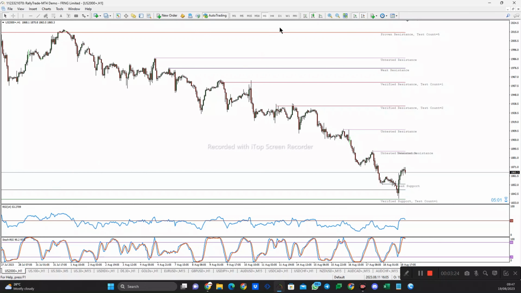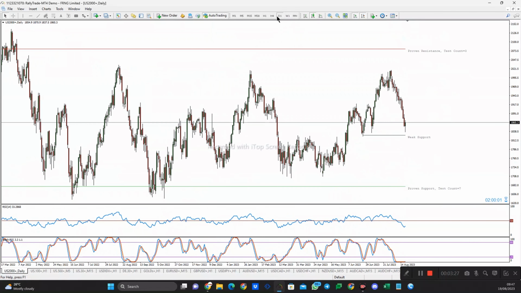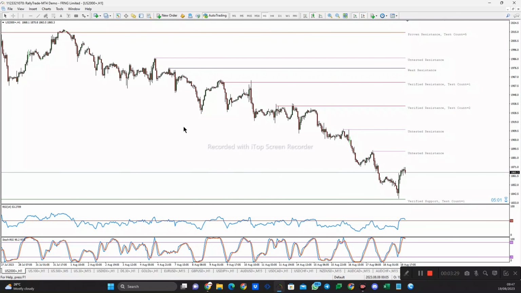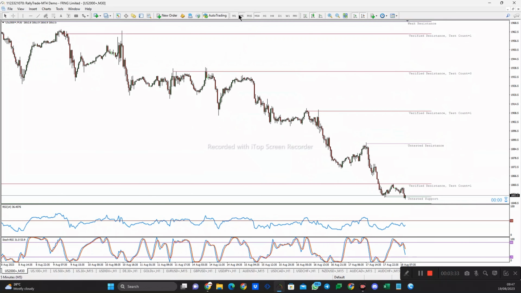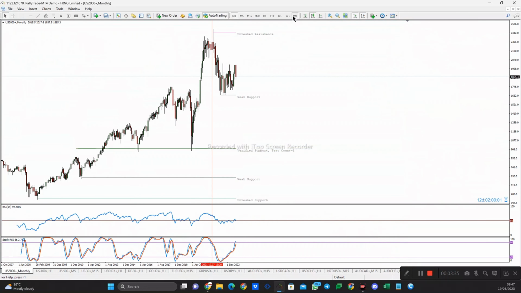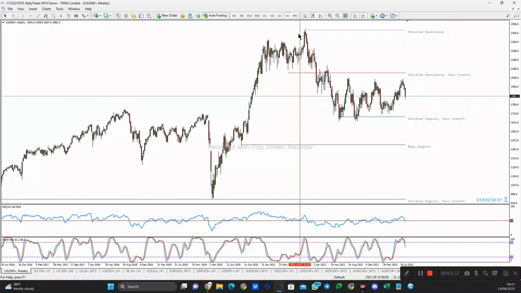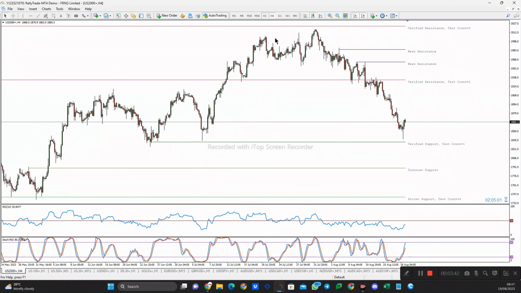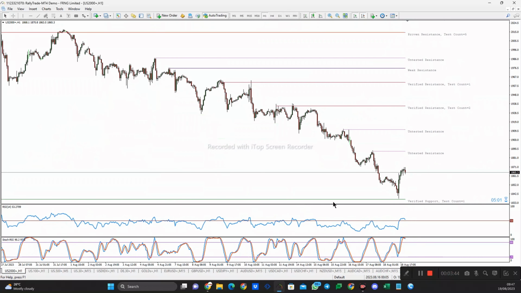You want to know what the trend is saying, and you want to trade in the direction of the trend. Sometimes I click on all of the time frames to make sure that my chart is clean. So you see I've cleaned up my chart. It's looking clean and neat.